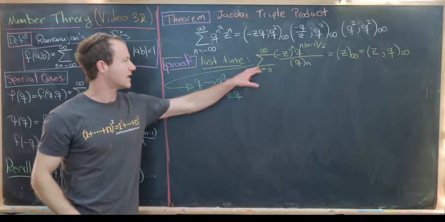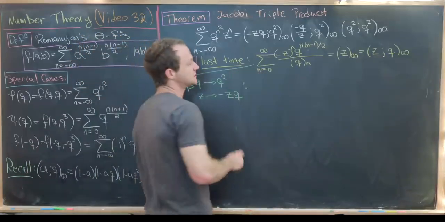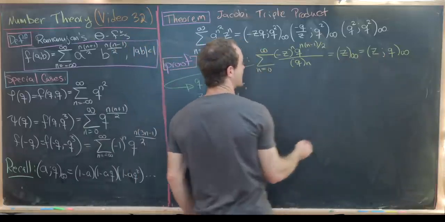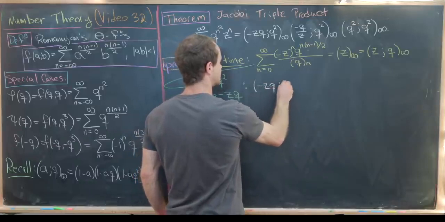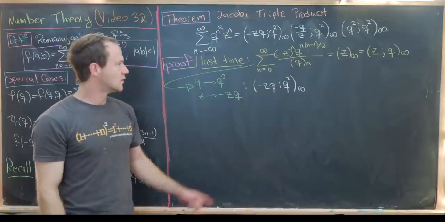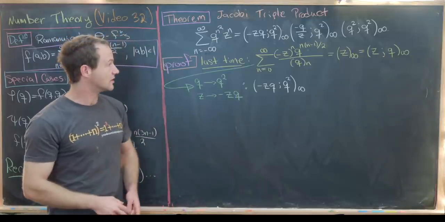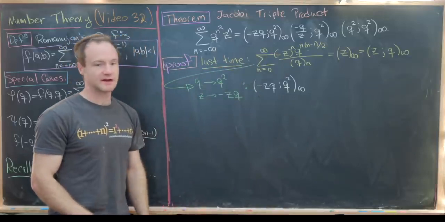Okay, so let's see what that does to our identity from last time. So I'm going to start with maybe the right-hand side. So I'll have (minus zq; q squared) infinity just by this replacement. Well, that's actually already a good thing to notice because that's part of our triple product over here.